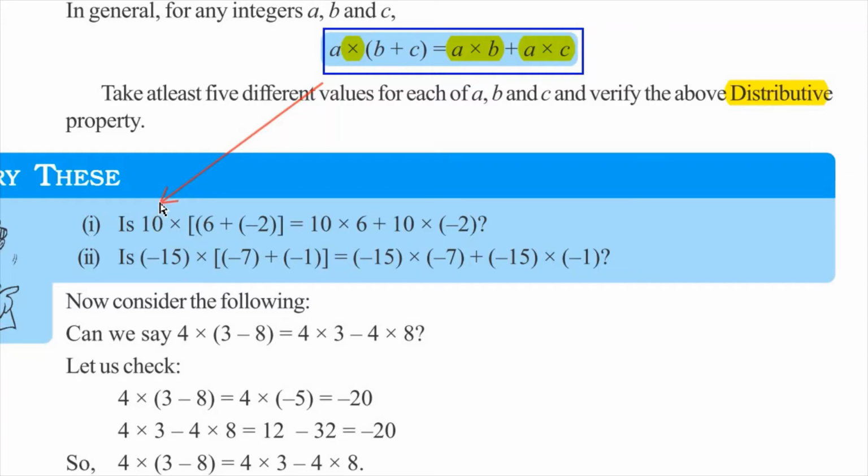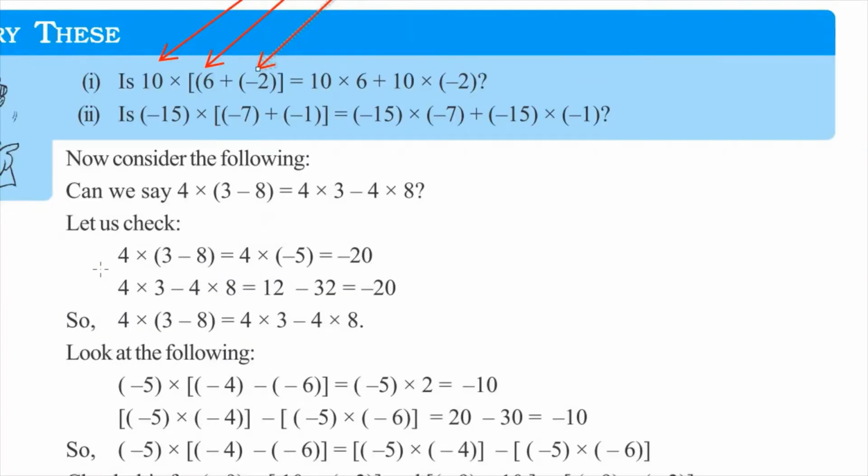So we can see here that a is equal to 10, b is equal to 6 and c is equal to minus 2. When we apply the distributive property, we get the right hand side exactly as shown in our equation here. So we can directly say that this is true. Similarly, we can apply it also to the second example. I will leave the second example to you.